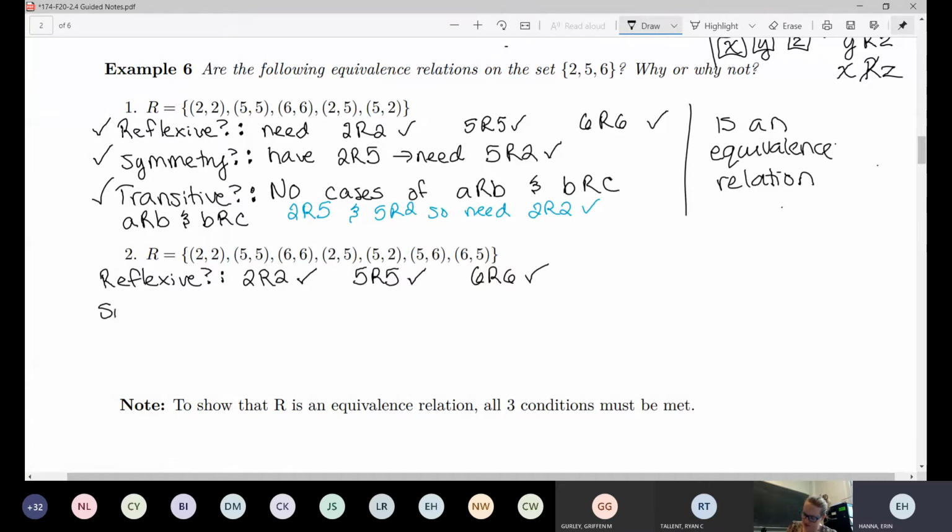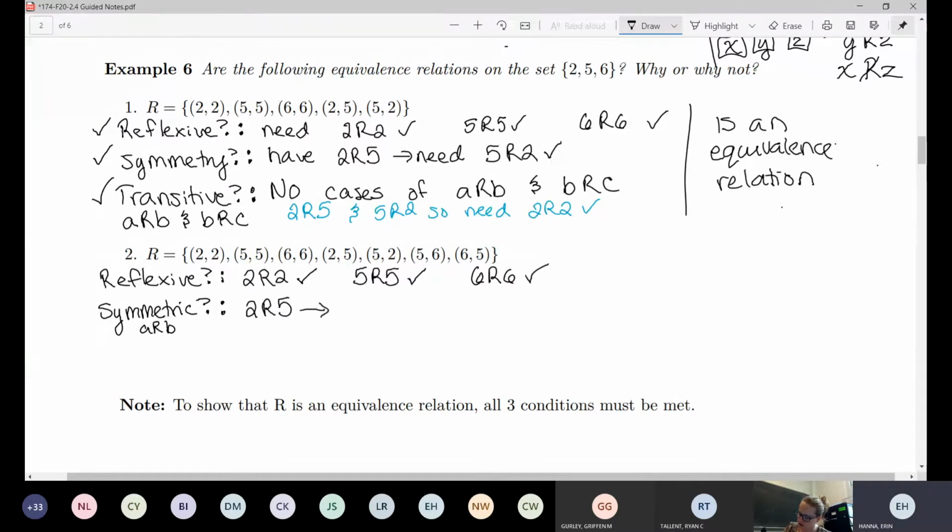Well, what about symmetric? Now we're looking for some A related to B, where they're not the same thing, because if they are the same thing, it's taken care of in the reflexive case. Well, we have 2 is related to 5.